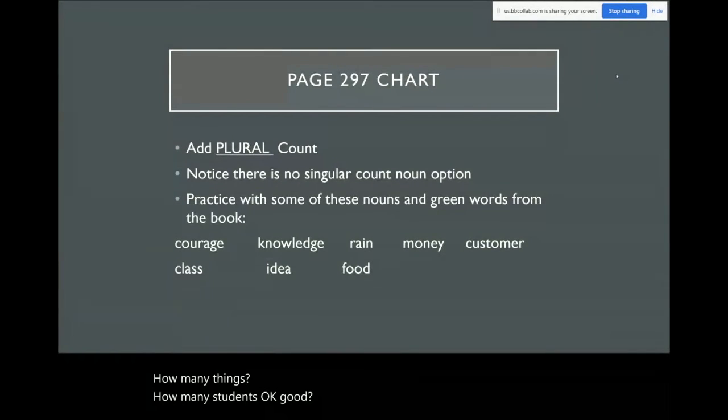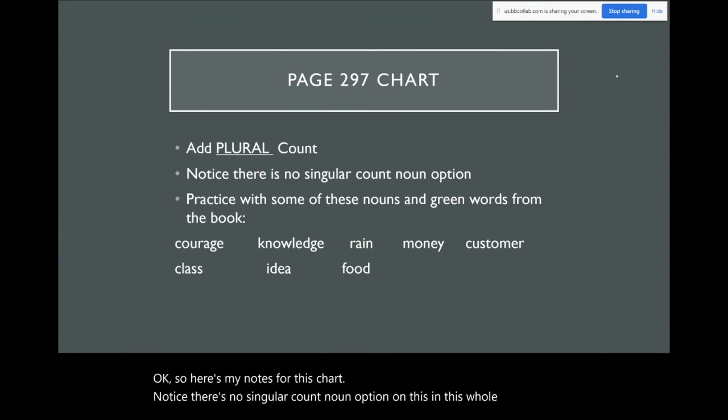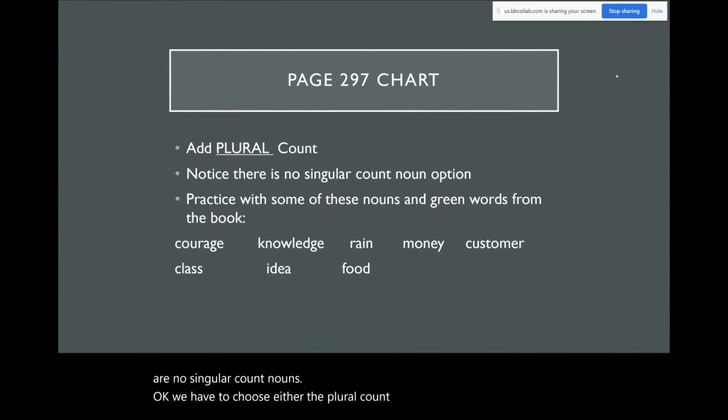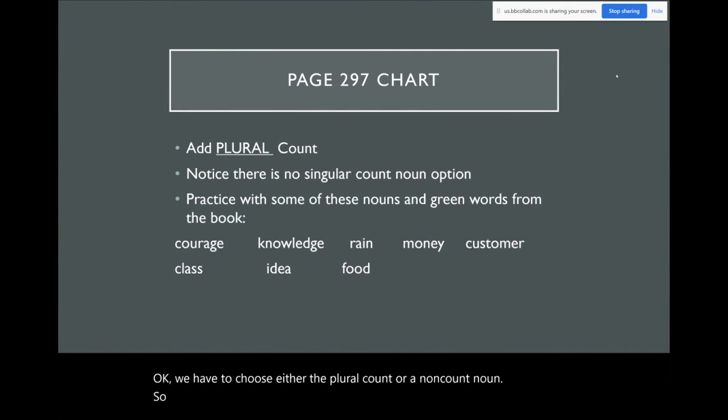So here's my notes for this chart. Notice there's no singular count noun option. In this whole chart, there are no singular count nouns. Okay? We have to choose either the plural count or a non-count noun. So some examples would be, I have a lot of chairs, I have a lot of furniture, I have several chairs.